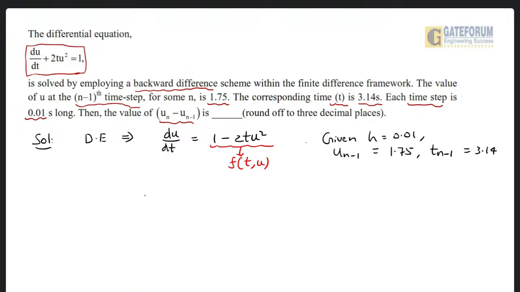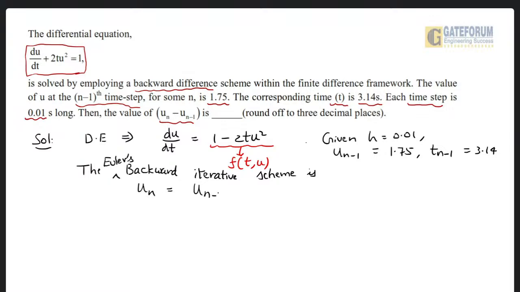Okay, the backward, or you can write directly, Euler's backward iterative scheme or iterative formula is: we know that yi is equal to yi minus 1 plus h times f of xi comma yi, where x is here the t variable, y is the u variable, and i means the n notation given.